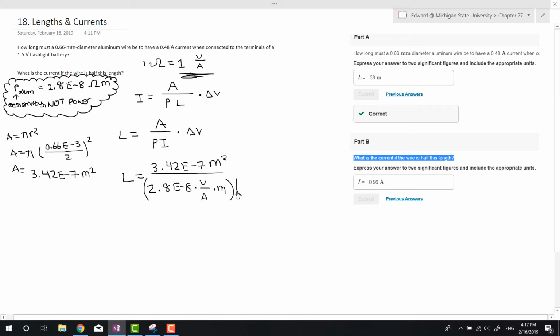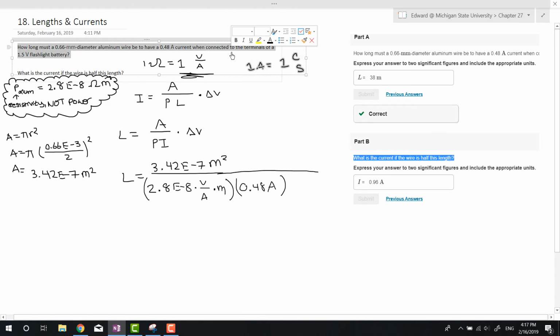I is just amp, and remember 1 amp is equal to 1 coulomb per second. So we have 0.48 coulomb per second, or we can just leave it as amps because we already have amps here, so we don't need to convert that. We don't need to worry about it right now.